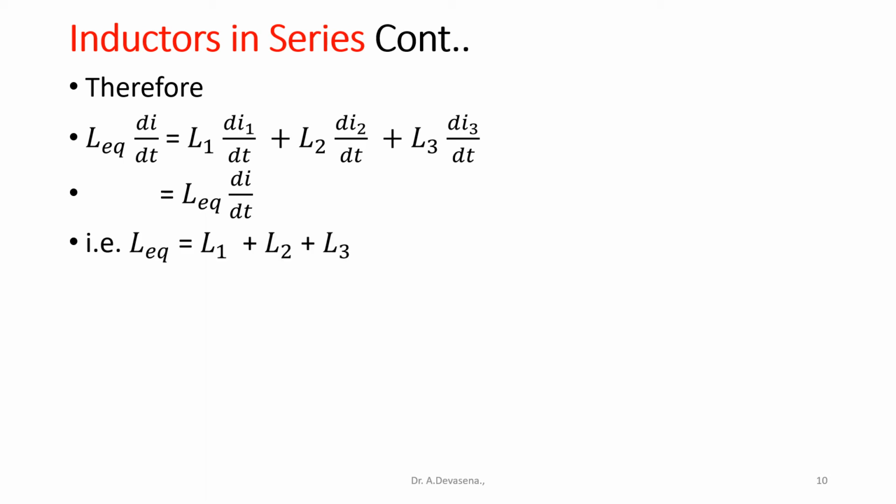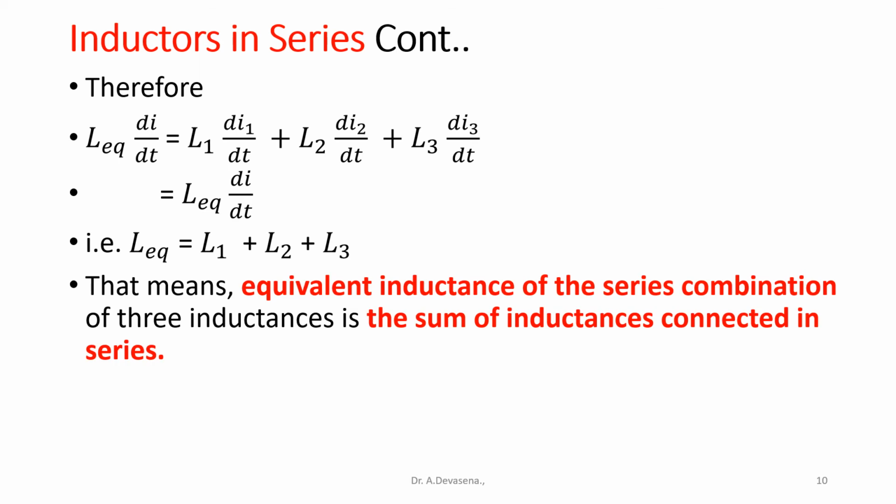That is, L equivalent value is equal to the sum of L1 plus L2 plus L3. That means equivalent inductance of the series combination of three inductances is the sum of inductances connected in series.